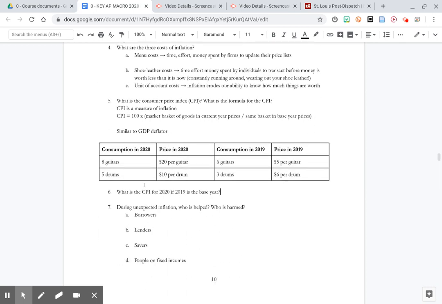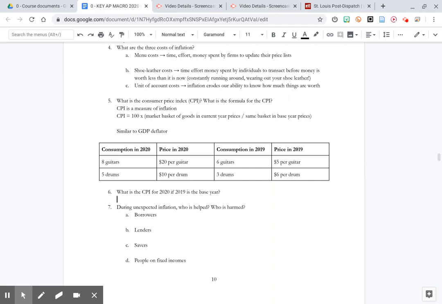So let's run a quick calculation. What's the CPI for 2020 if 2019 is the base year? We're going to use the consumption in 2020 times the prices today versus the prices of those same goods and services in 2019.